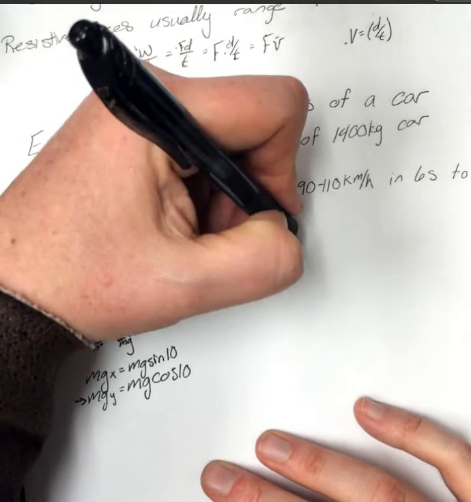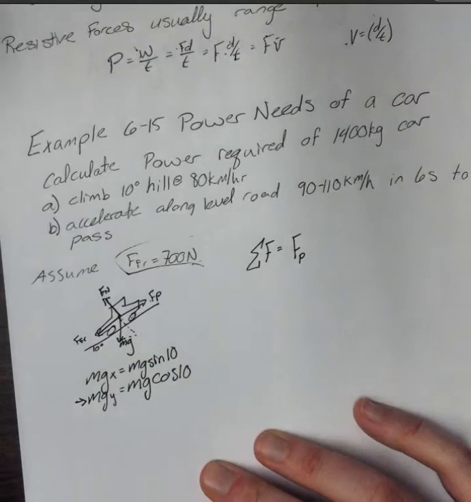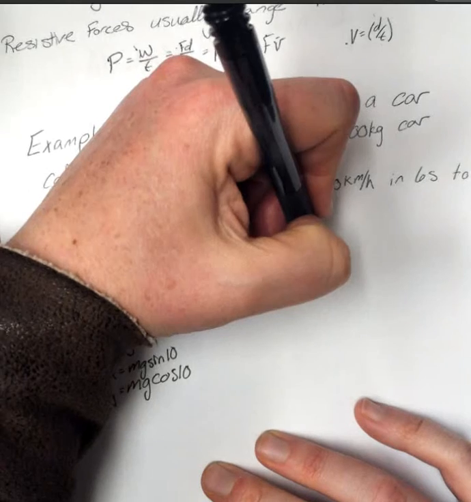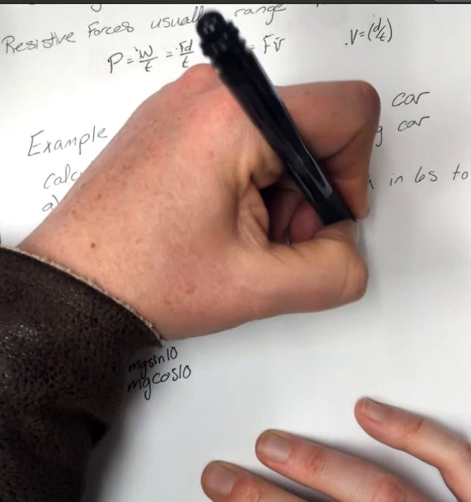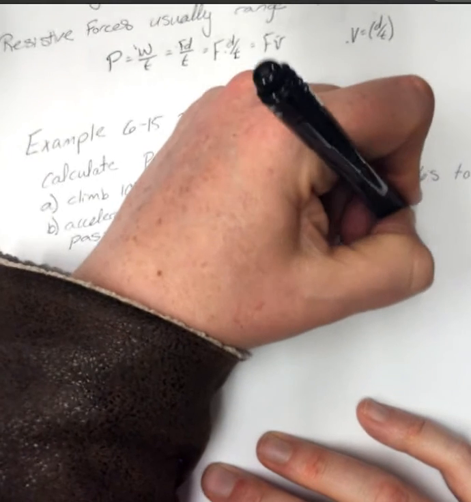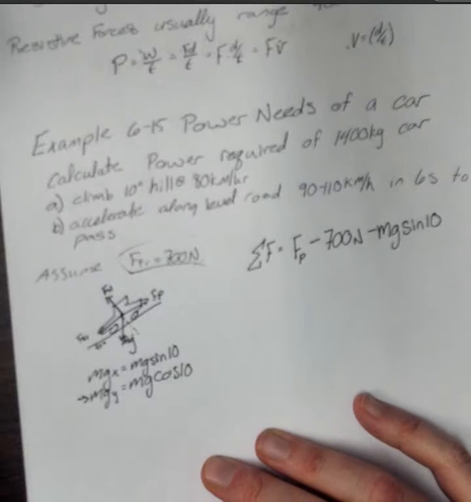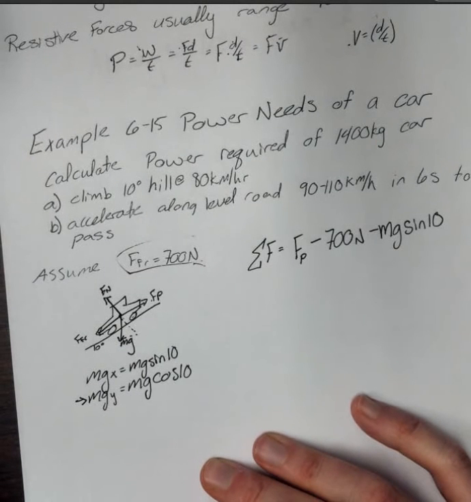And that's going to come from its power, and it's going to be resisting the 700 newtons of friction and mg sine 10, the resistive component of gravity in the x direction. And that would equal 0.